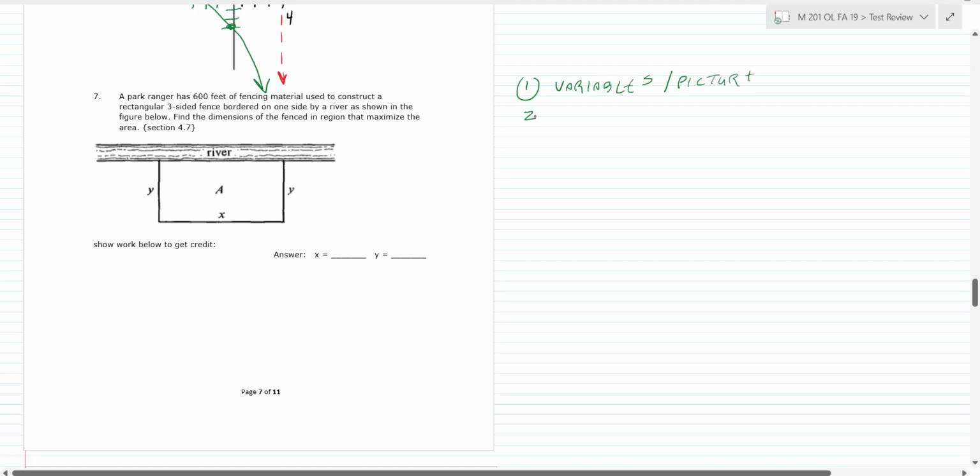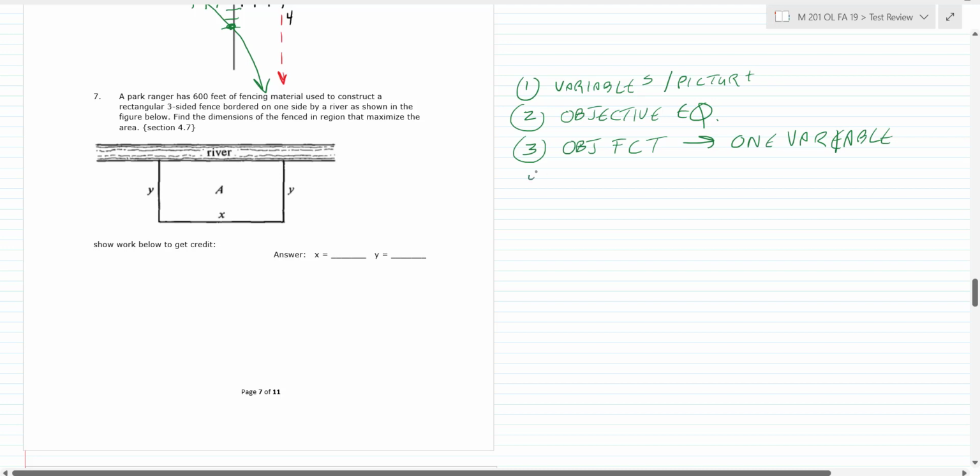Then typically what you do is you see if there is an objective equation that somehow relates the variables. The third thing is you want to get an objective function, and that has to be in one variable. And the objective function is what you're going to be working with the derivative on and finding critical numbers and so forth.